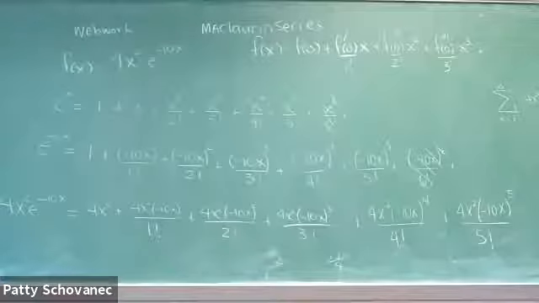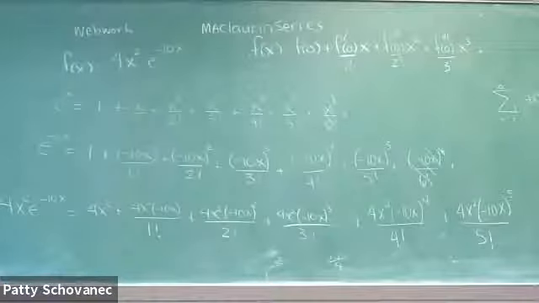They all have a negative 10x. How's that related to my k? Well, maybe if I start k at 0, I can just put a k up there, right? And then the factorial is the same as the power on the negative 10x. So there's our summation form.